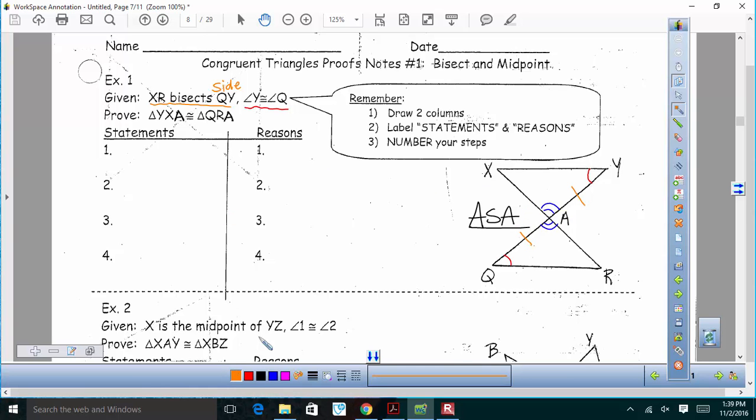Okay? So what do you always write first in a proof? The given. So we're going to write XR bisects QY, and angle Y is congruent to angle Q, and we know that because it's given.